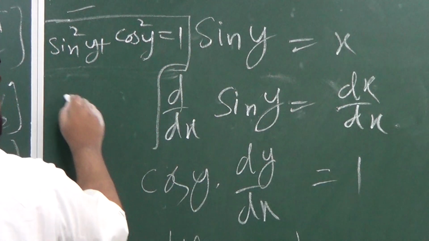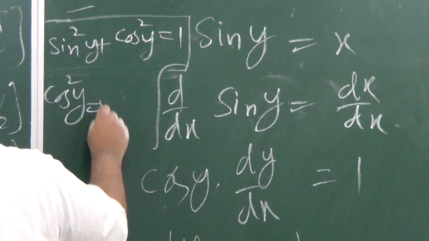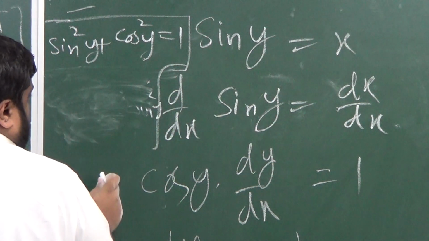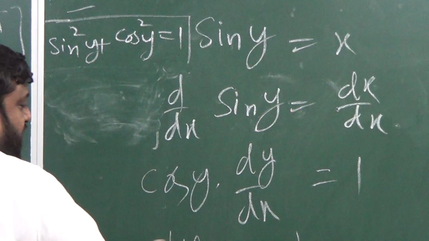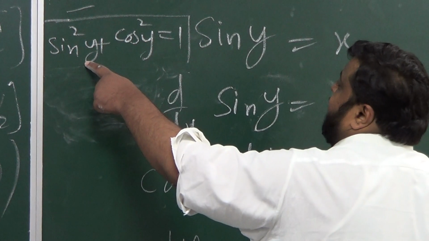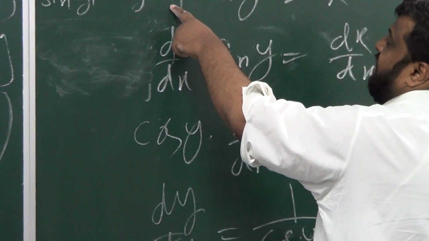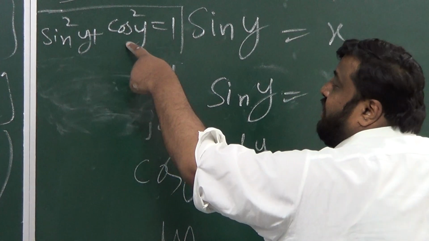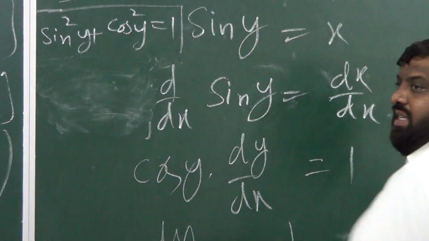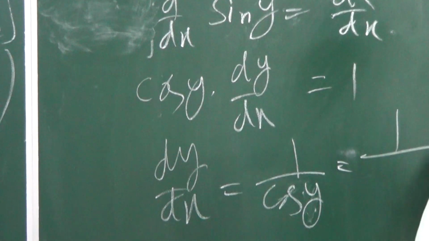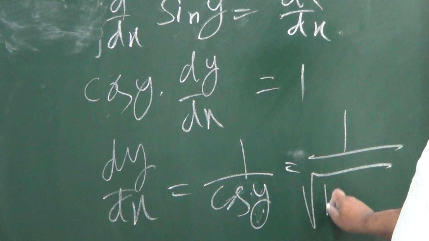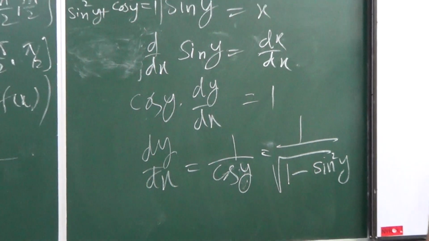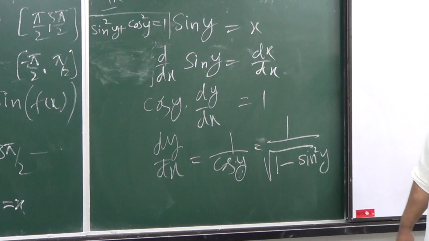From this I can deduce that cosine square y is 1 minus sine square y, and cosine y is the square root of 1 minus sine square y. So I can replace this by the square root of 1 minus sine square y. I just used my trigonometric identity.